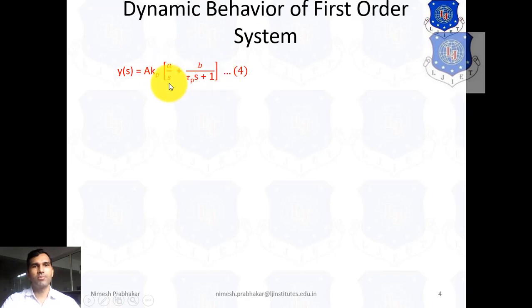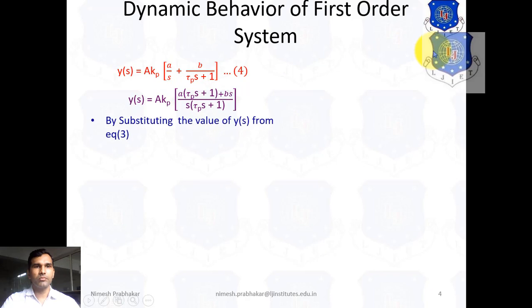We know this is the procedure for taking the inverse Laplace transform of any equation.